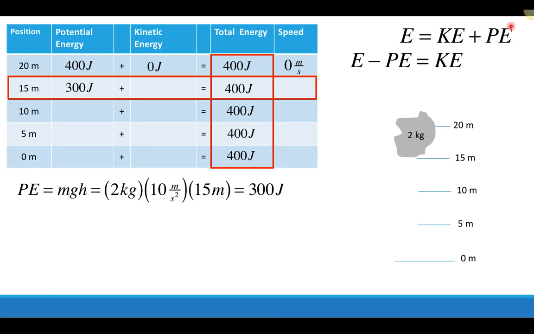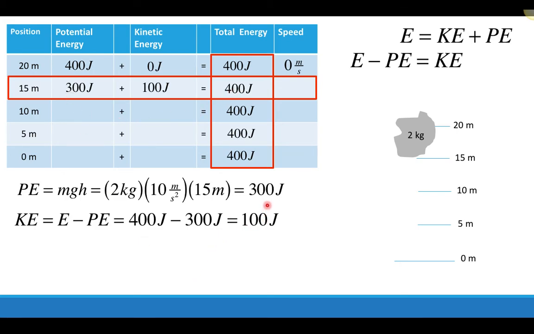I can move the potential energy term over to the other side, and the kinetic energy is just the total energy subtracting off the potential energy. So my kinetic energy at the 15-meter mark is the total energy, which is 400, minus the 300, and I get 100 joules. So the potential plus the kinetic has to equal 400 joules.